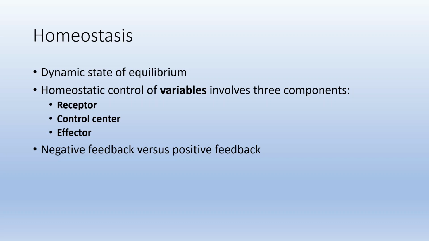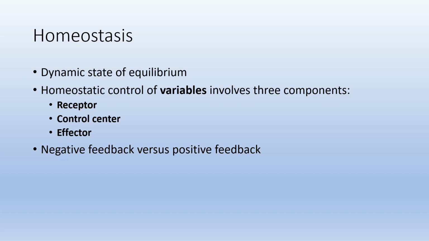What this means is that there is a set range where the body is happy and it functions properly, but if something goes haywire and the body moves too far out of that range, either below or above it, that is a disruption in homeostasis. So we are free to move within that range, whether it's up a little bit or down a little bit, and the body will still function as it should.